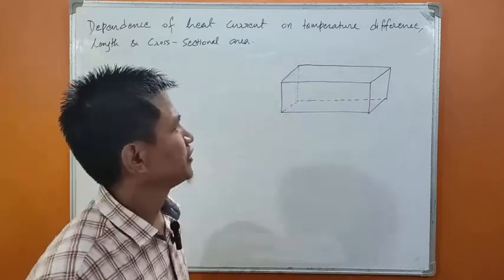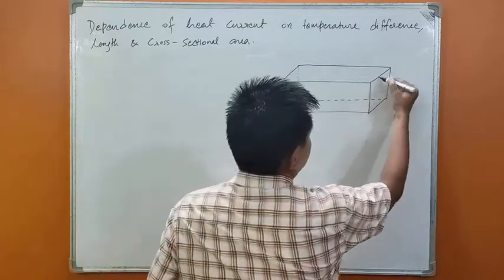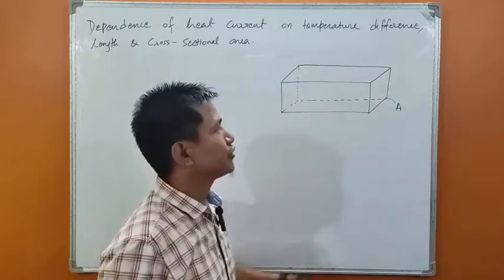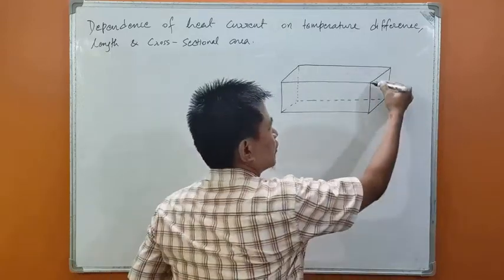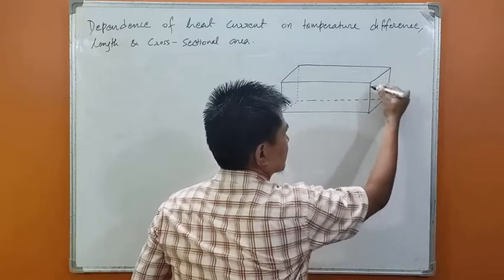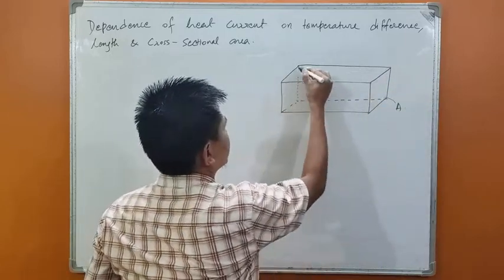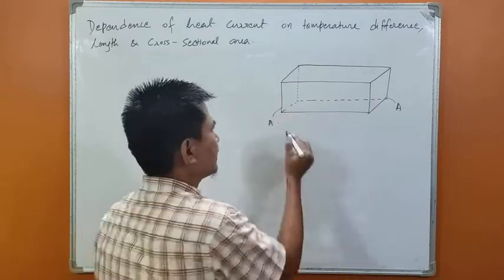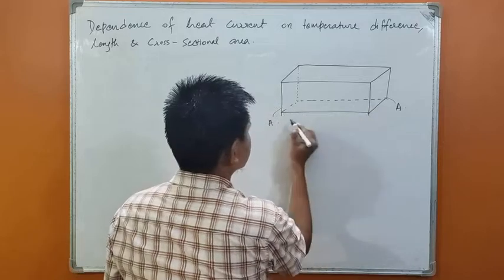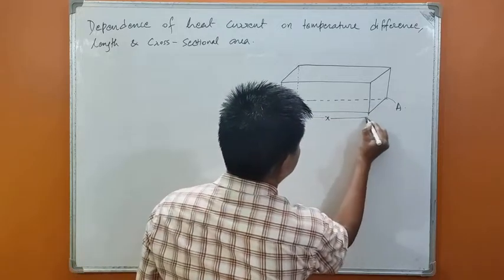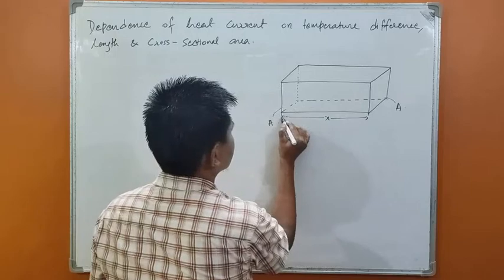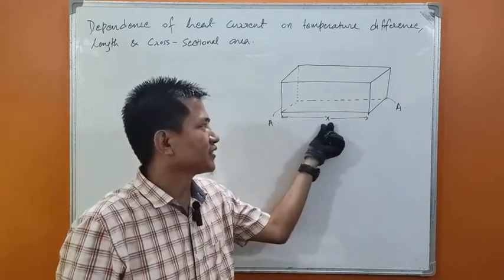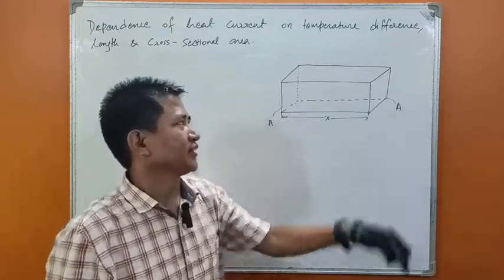This is a cuboid having cross-sectional area A. This area is the cross-sectional area, A. The length of this conducting material is x centimeter, and the cross-sectional area is A square centimeter.